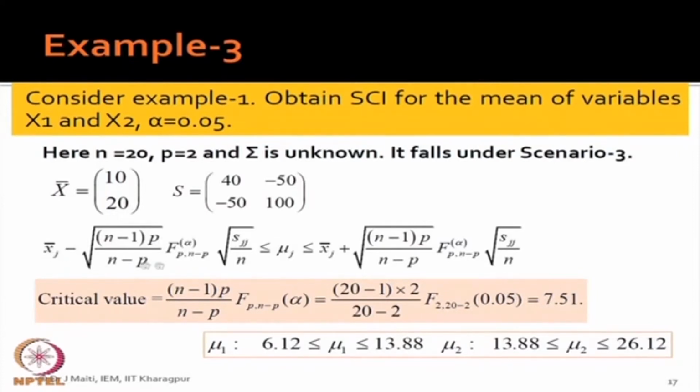You just put it into this equation. So, 10 minus the square root of 7.51 times the square root of 40 by n, where n is 20, less than or equal to mu 1 less than or equal to 10 plus this quantity.